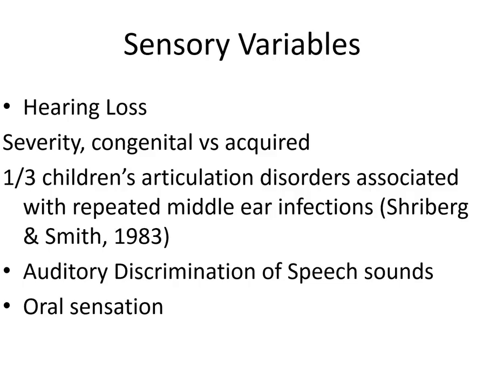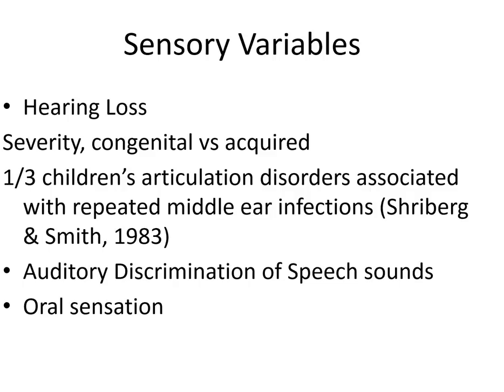Okay, the next issue has to do with sensory variables, and the first one is hearing loss. Hearing loss can be more or less severe. It can be congenital, there from the beginning and inherited, or it can be acquired.